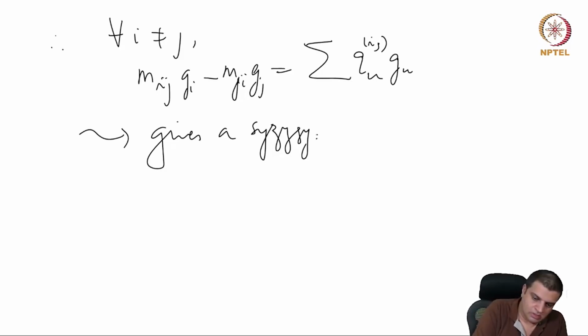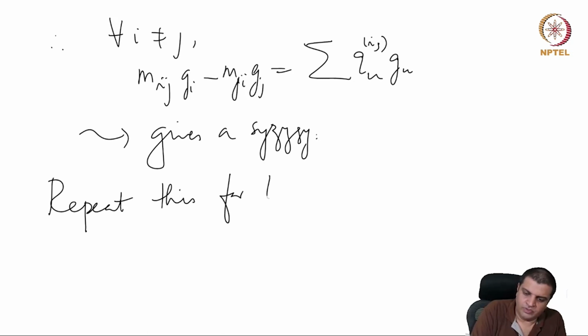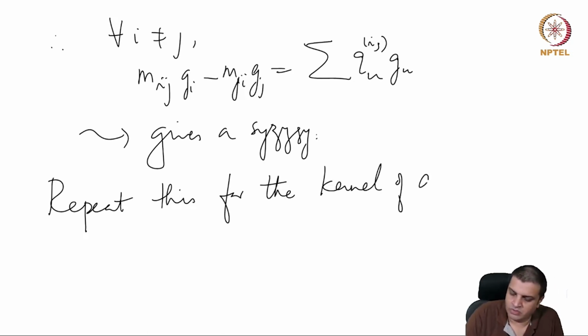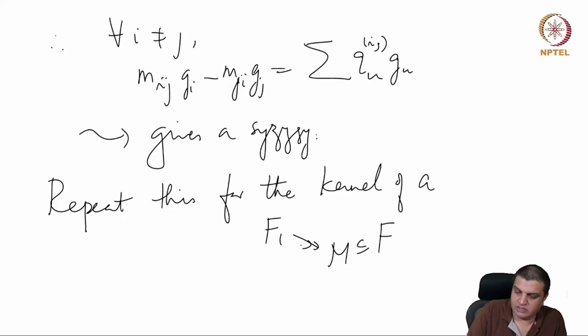So now repeat this for the kernel of the map. Remember, M is inside F. Some F1 surjects onto this, because we can choose a Gröbner basis like this, and then we'll get a surjective map, and then we repeat this for the kernel of this map.